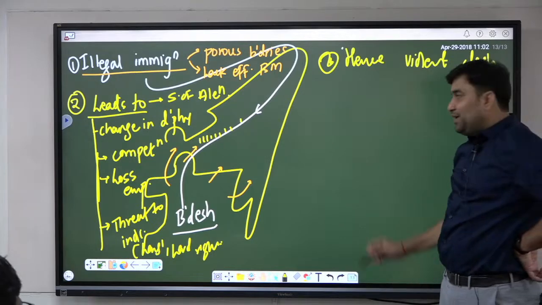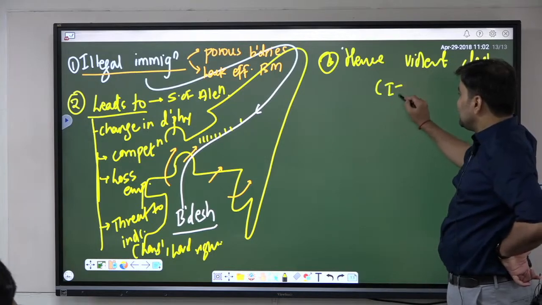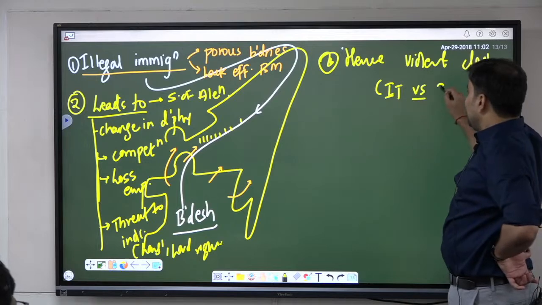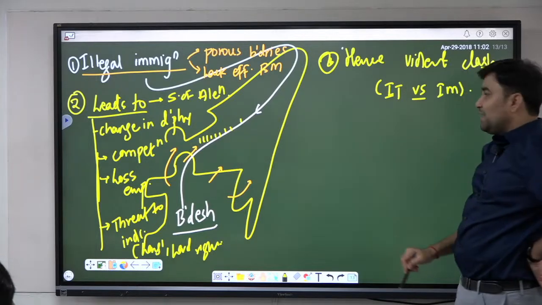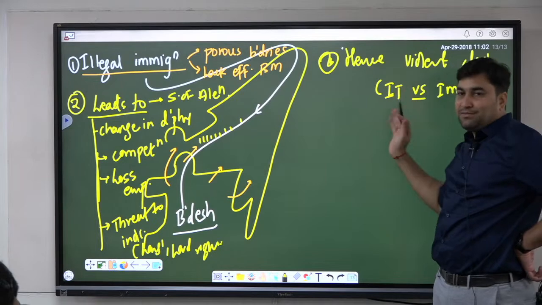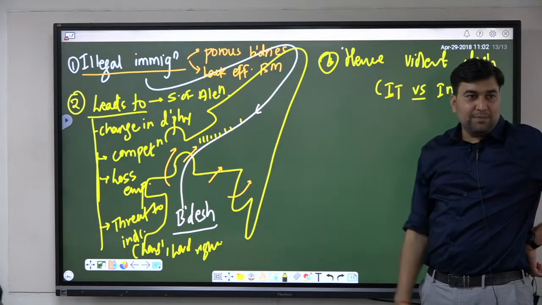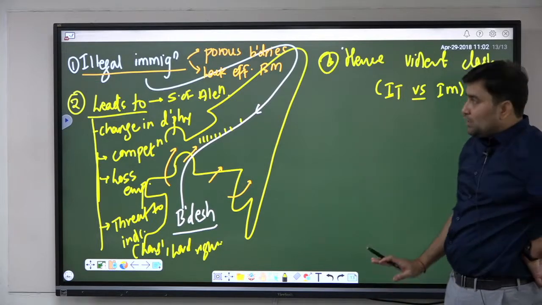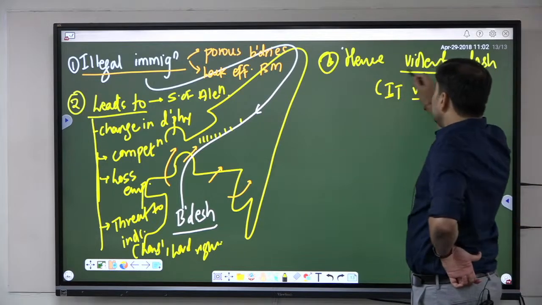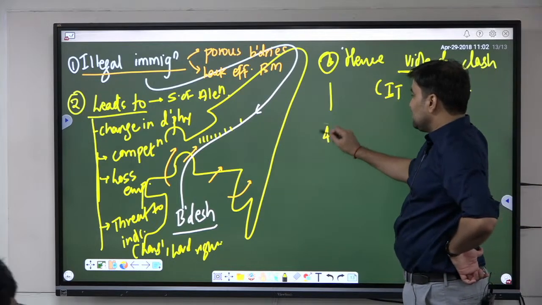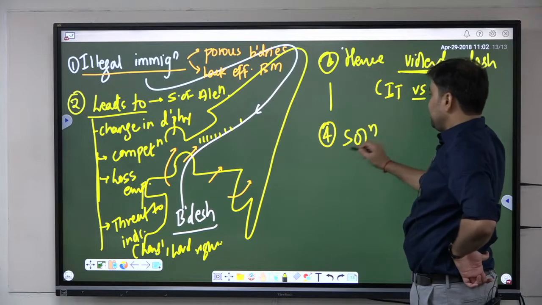Between indigenous tribes versus illegal immigrants. In this case, Bodos and basically Bengali immigrants. Is it clear? Now the question is, if violence is there, then we have to find a solution.